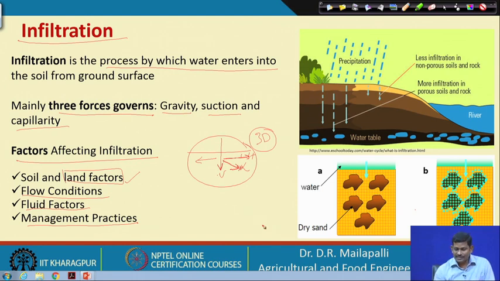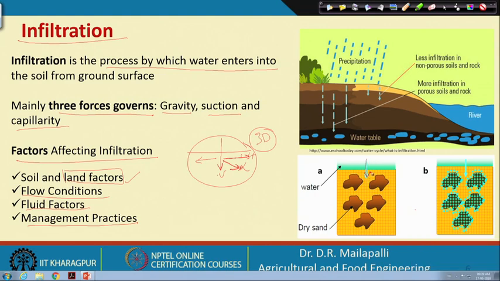Okay. So, in the infiltration process, initially the water enters the soil through these forces: gravity, suction and capillarity. The first thing it does is adsorb. The soil particles adsorb water, so all the particles are going to hold water around them.